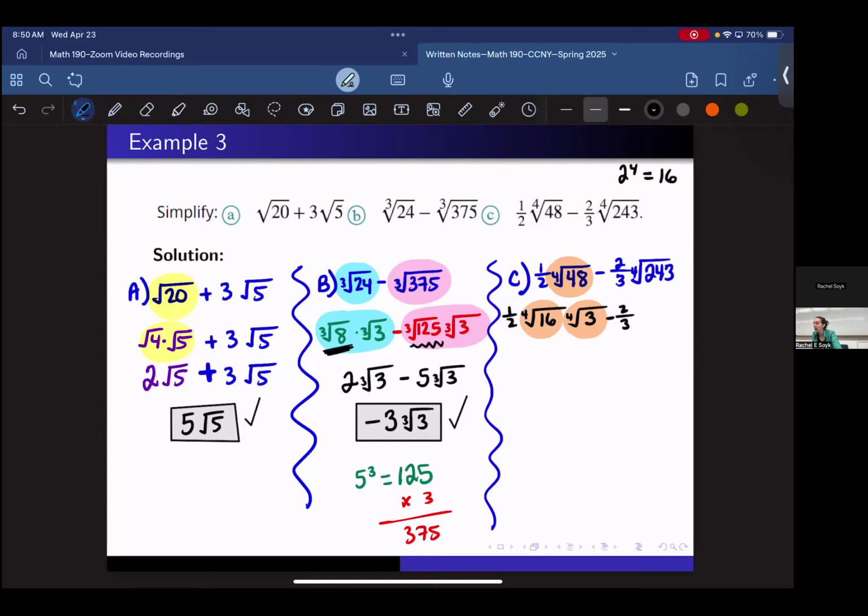Kind of look at what we have, that second orange one. Put it into my calculator. Can't think today. That second orange one is 3, right? So 3 goes into 243 how many times? 81 times.